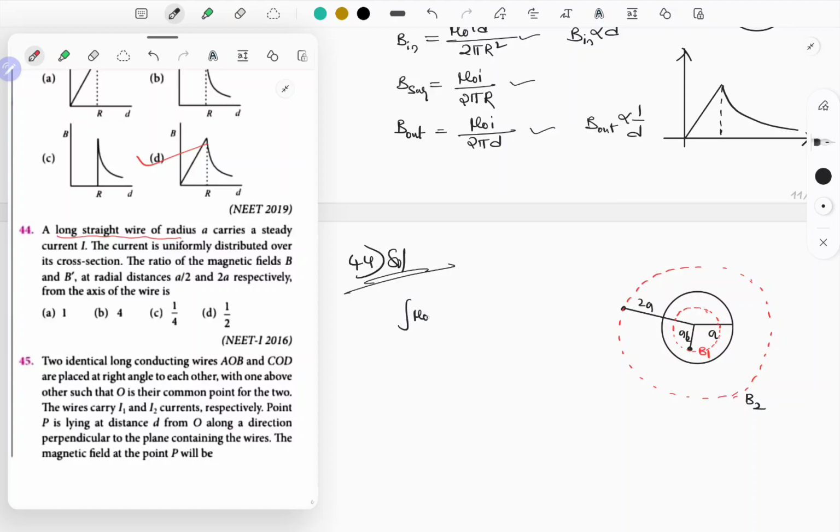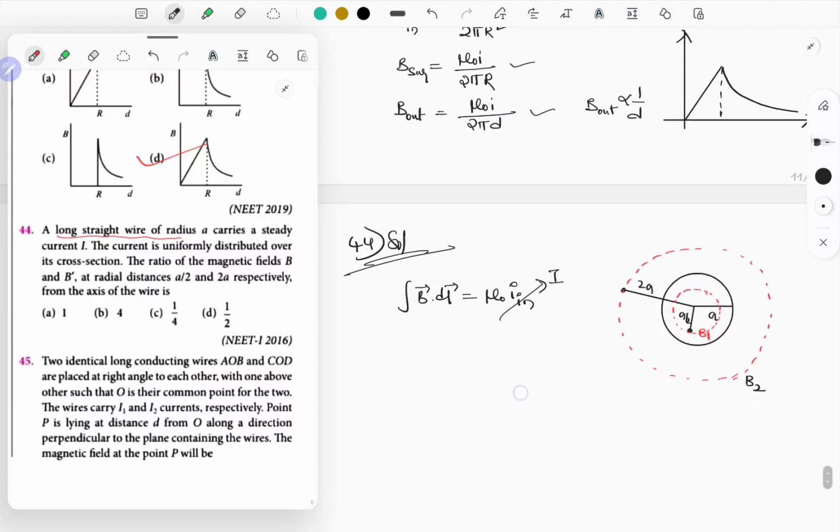Integral B bar dot dl bar is equal to mu naught into I inside, right? So if we observe for loop 2, the complete conductor is inside. So I inside is going to be I itself.